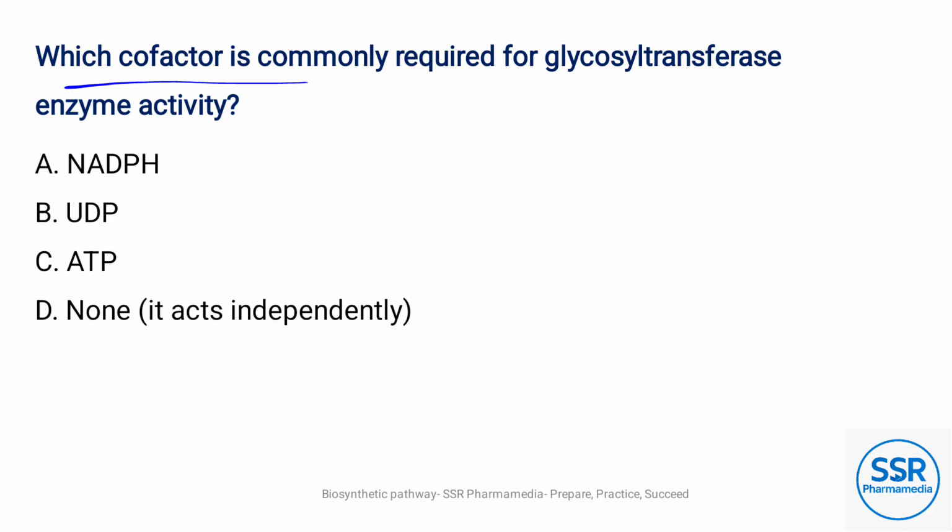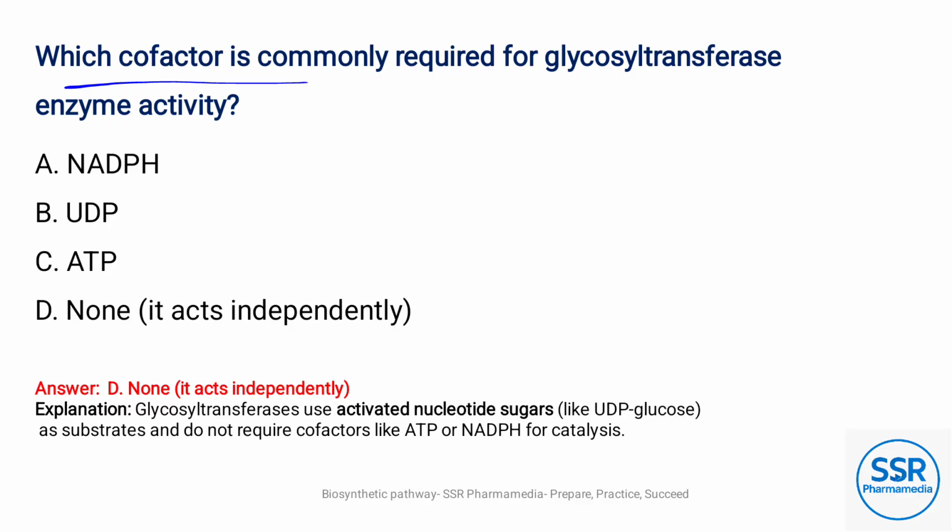Which cofactor is commonly required for glycosyl transferase enzyme activity? So the answer is option D, none of the above. These are all not involved in the glycosyl transferase enzyme activity. Glycosyl transferase enzyme activity uses activated nucleotide sugars like uridine diphosphate glucose.